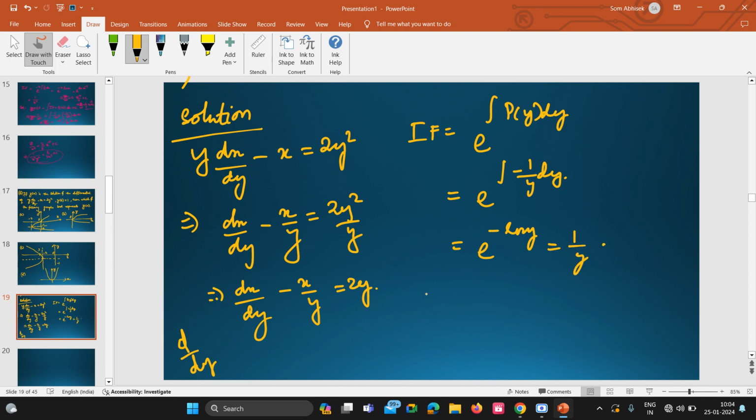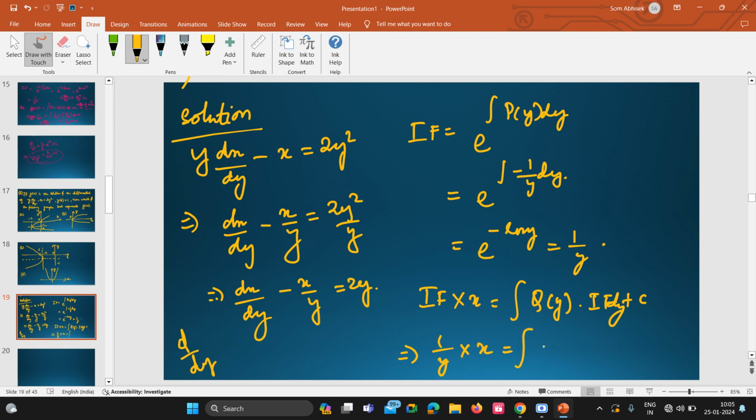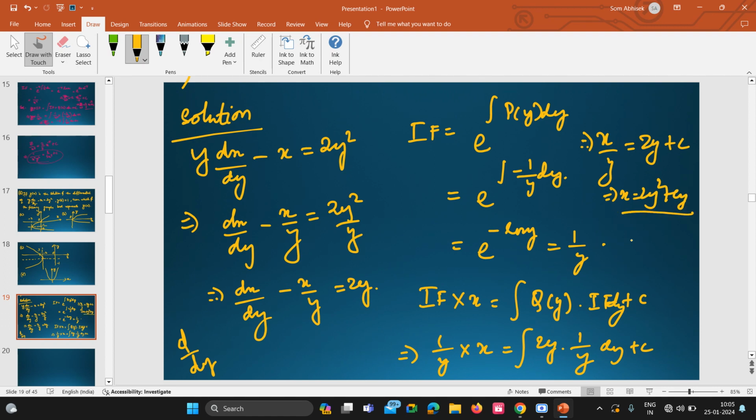Now the equation we can write as (1 by y) into x is equal to integral of Q(y) into integrating factor plus c, that is 2y into 1 by y dy plus c. So x by y is equal to 2y plus c. X is equal to 2y square plus c1y.